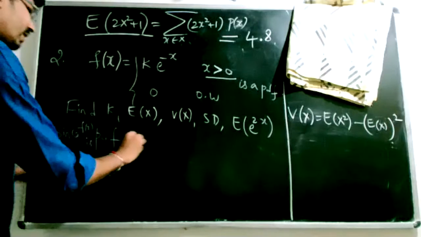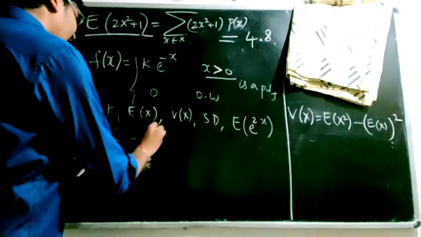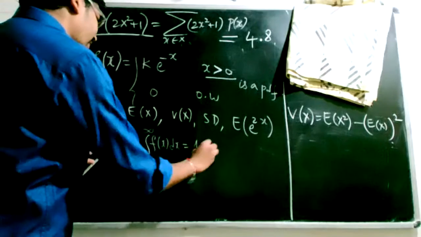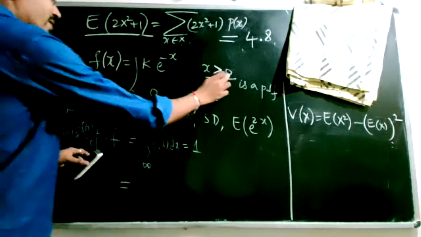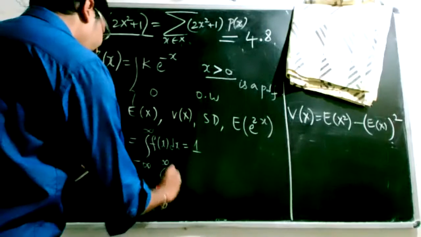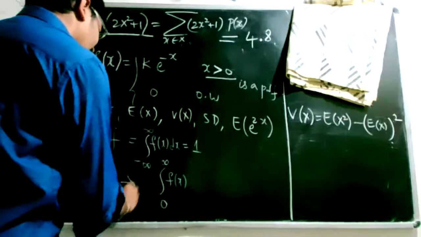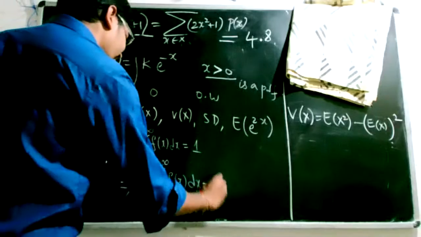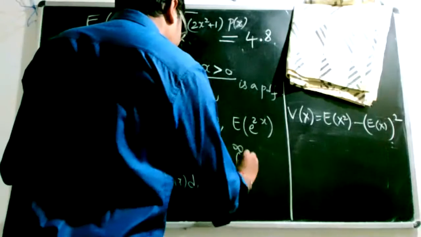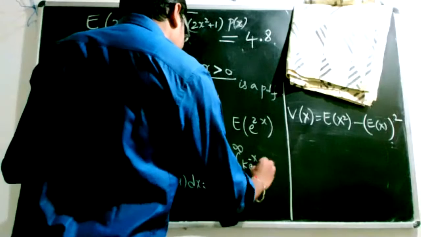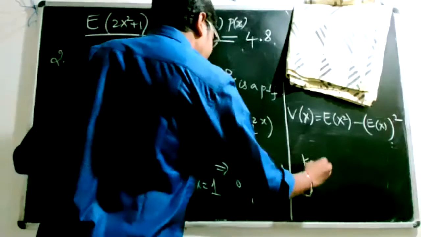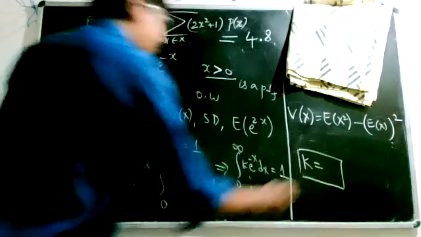So since it is a PDF, integration over minus infinity to infinity, f of x dx must be equal to 1. But here my x is taking values more than 0. So the integral is from 0 to infinity. So integration 0 to infinity k e power minus x dx is equal to 1. Now evaluate the integral and give me the value of k.